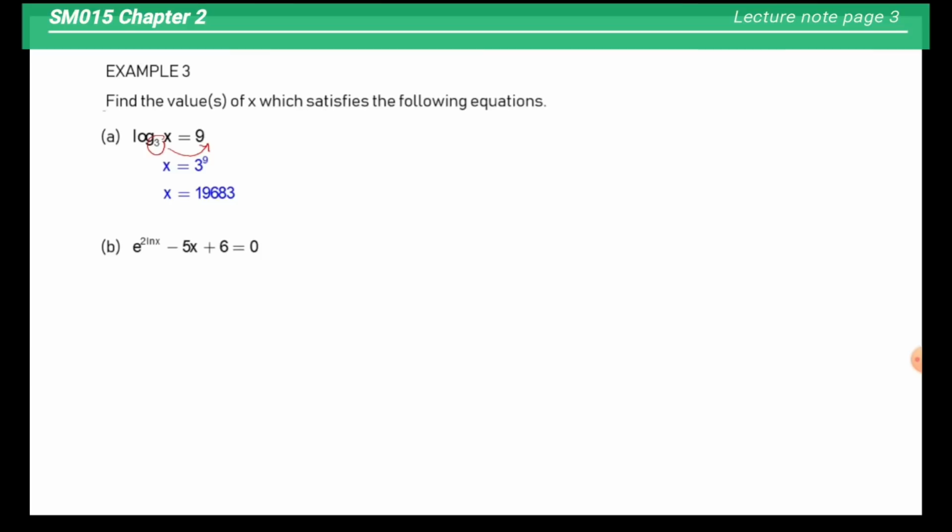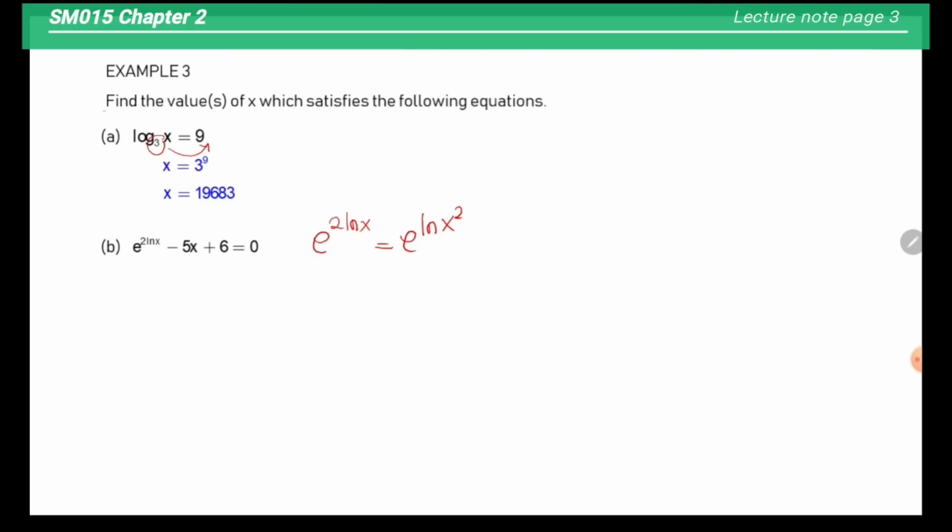Next, for question B, we have e to the power of 2 ln x minus 5x plus 6 equal to 0. In this case, we may see that the question is quite difficult. But if you know the properties of the exponent to the power of ln, we may change e to the power of 2 ln x into e to the power of ln x squared.